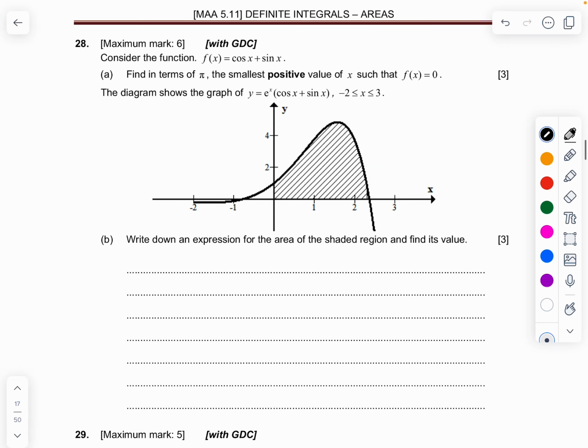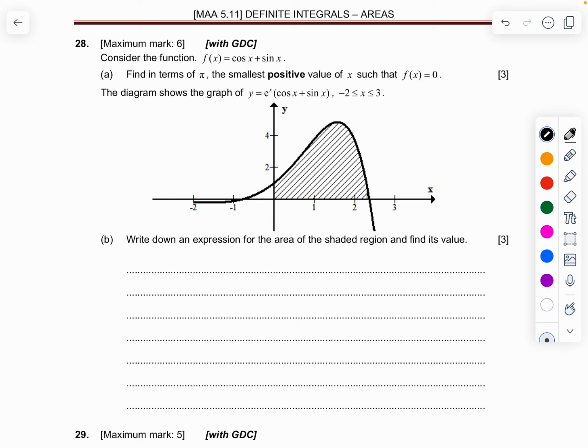Question number 28. Consider the function f of x equals cos x plus sin x.